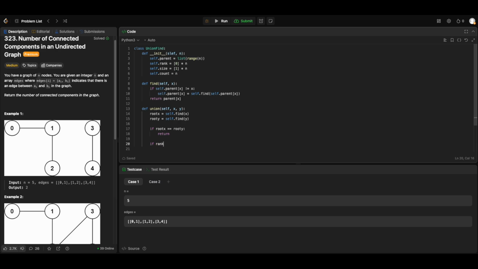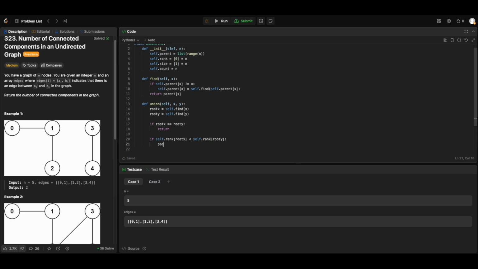And then you say, if the rank of root x is less than the rank of root y, then the parent of root x becomes root y.